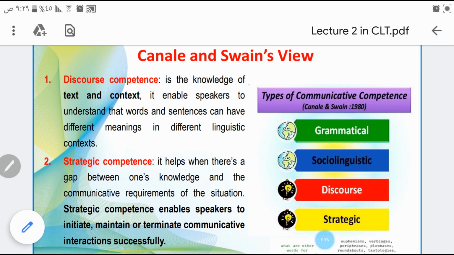The word close the door means to shut it, but when I say they have a close relationship, that means they have a strong relationship.